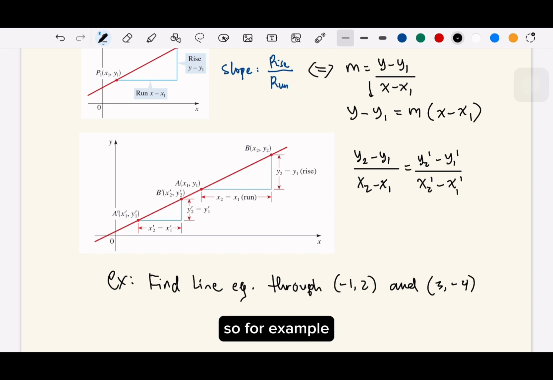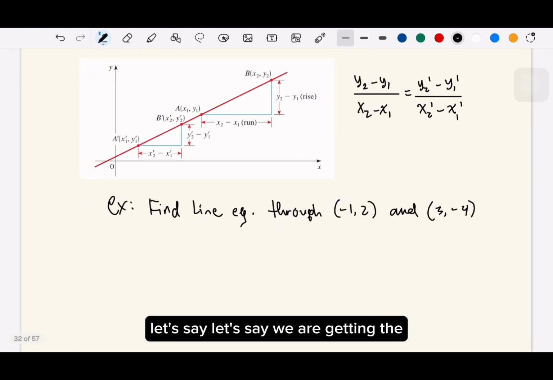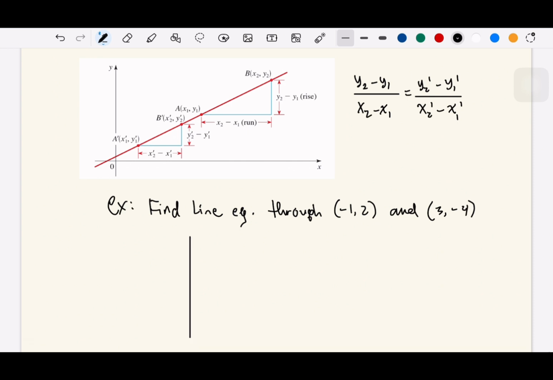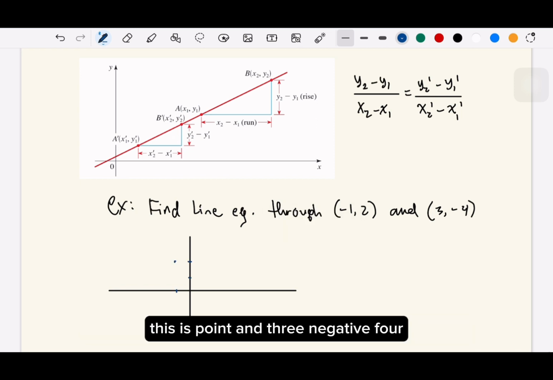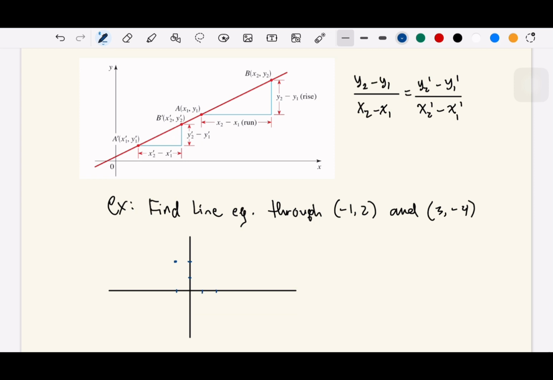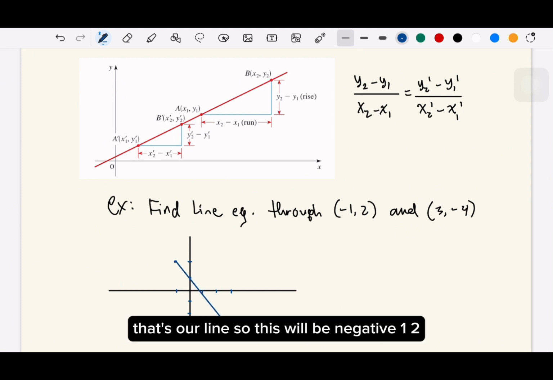So for example, let's get the points first. -1, 2 is this point, and 3, -4. Let's say that's our line.